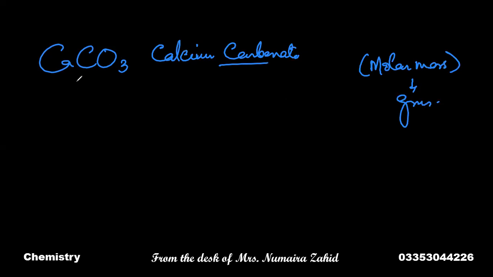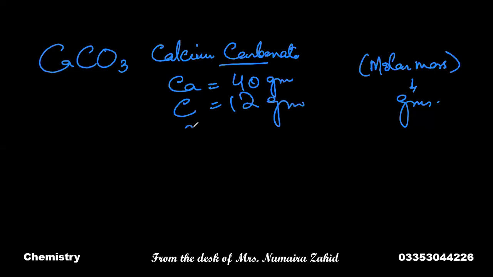We should know that the atomic mass, the molar mass of calcium is 40 grams. For carbon, it is 12 grams, and for oxygen, it is 16 grams. Okay, these are the atomic masses or molar masses.